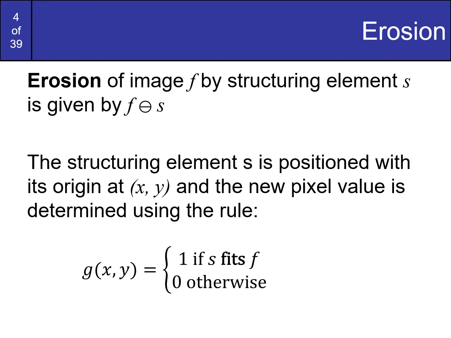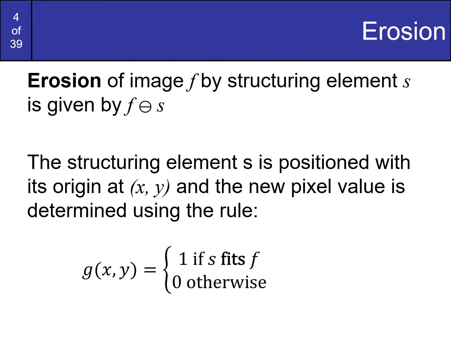Mathematically, erosion of image F by structuring element S can be expressed by F minus circle S, or F eroded by S. The structuring element S is positioned with its origin at x, y, and the new pixel value is determined using the rule.